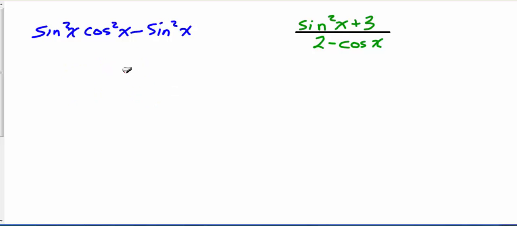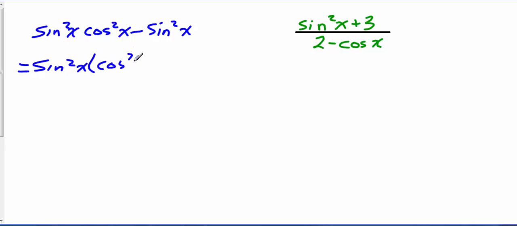The same is going to hold now with sine squareds and cosquareds. This is some value that I don't know. Depending on the value of x, of course, it changes. It doesn't change the fact, though, that it's an unknown value squared with more unknown values squared minus an unknown value squared. So I'm going to factor out the sine squared x.